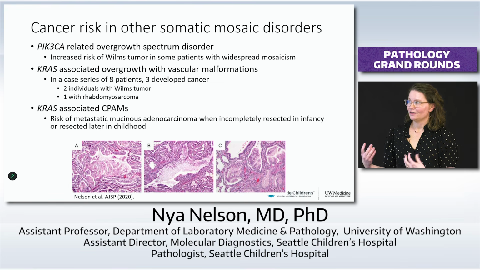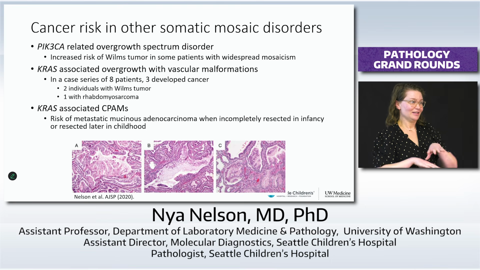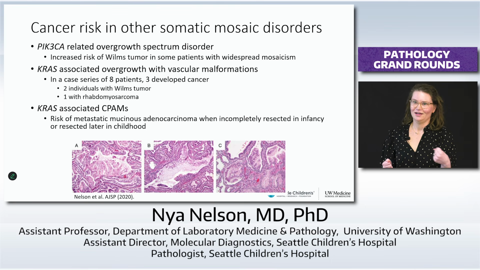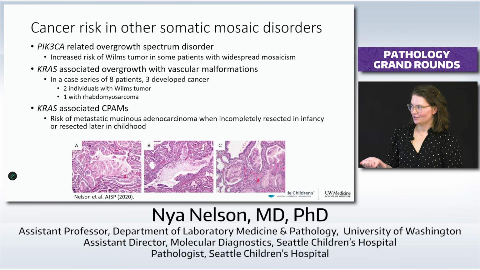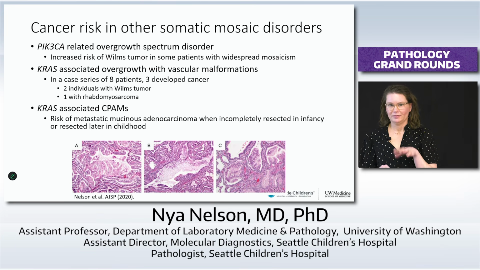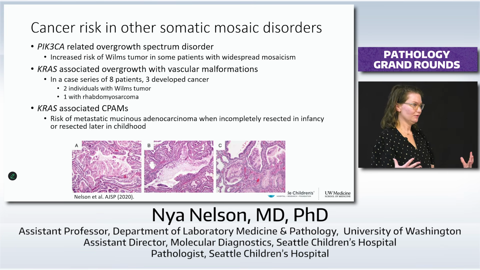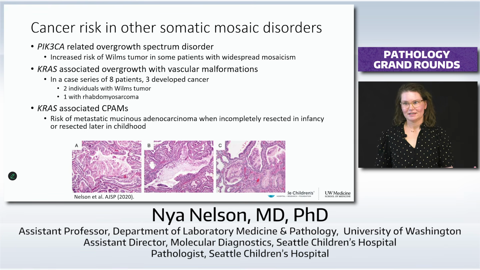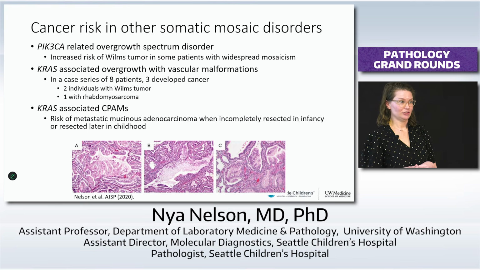If we move instead to our KRAS-associated overgrowth and vascular malformations, that entity is really still being defined, but in the largest case series, we also see that that can serve as a cancer predisposition with patients developing either Wilms tumor or embryonal rhabdomyosarcoma. And then lastly, thinking about our KRAS-associated CPAMs, if those are either incompletely resected in infancy or resected later in childhood or in adulthood, we know that it can serve as a cancer predisposition as well.